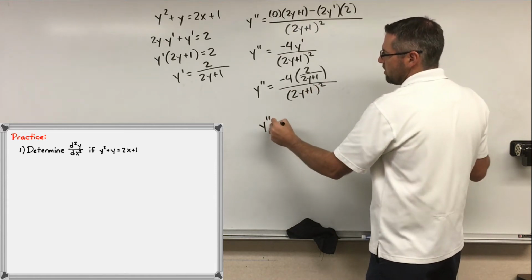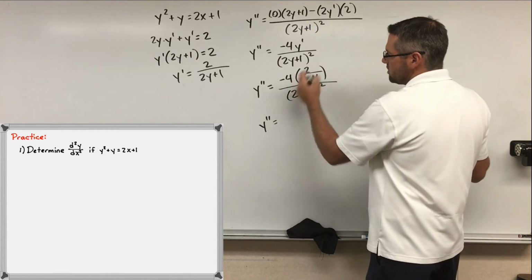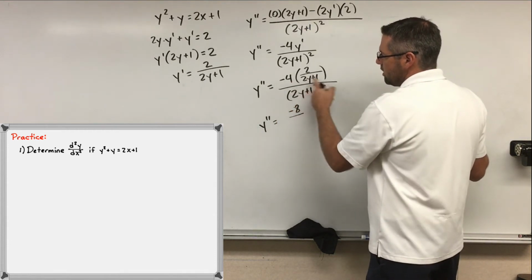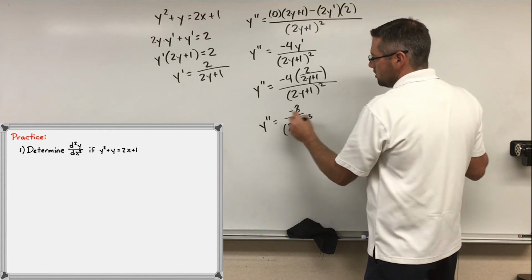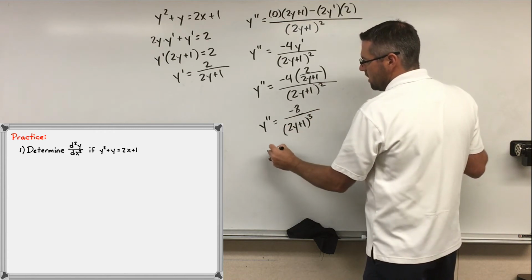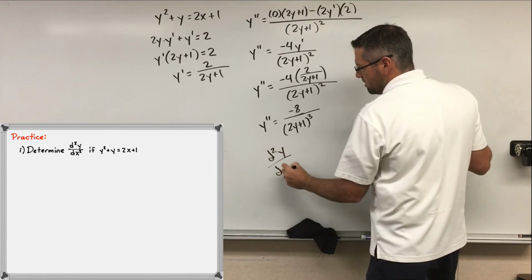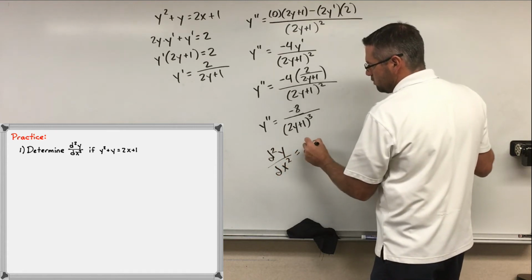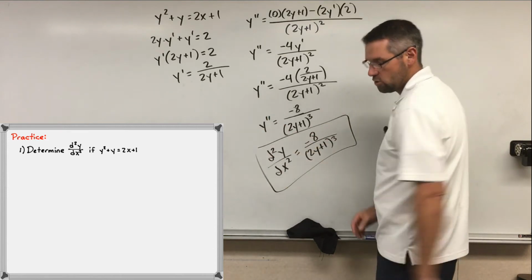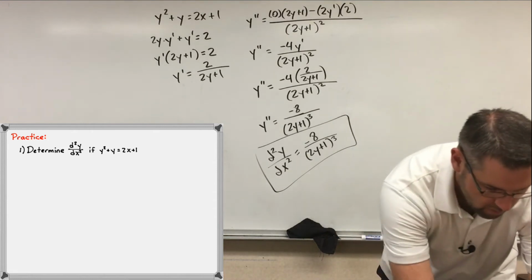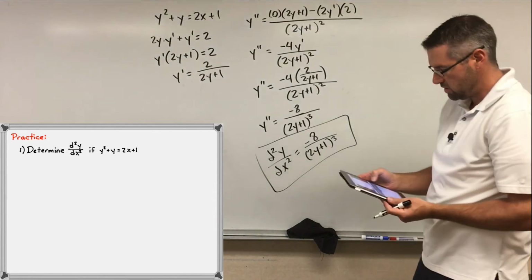We can say the second derivative, negative 4 times 2 is negative 8. And then all of this would go together to say 2y plus 1 cubed. And so that is our second derivative. And because it's written in Leibniz form, we'll just go ahead and replace Newton form with that. So there is our second derivative of this function written implicitly.